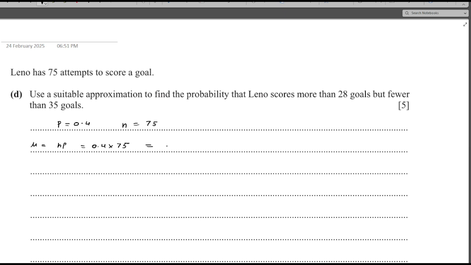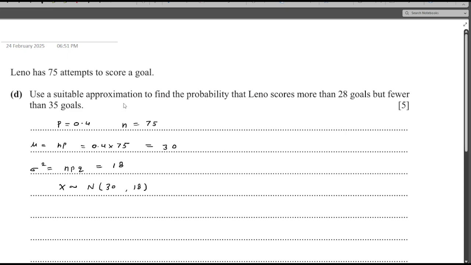The result is 30. And then I have a variance sigma square, which is NPQ. So it is 30 times 0.6, which is 18. So I will say that X follows normal distribution with mean 30 and variance 18.